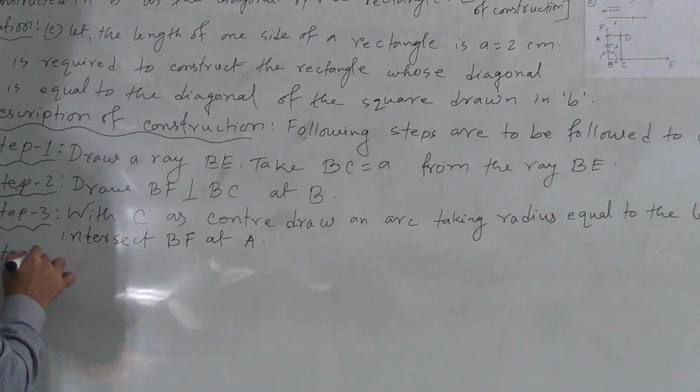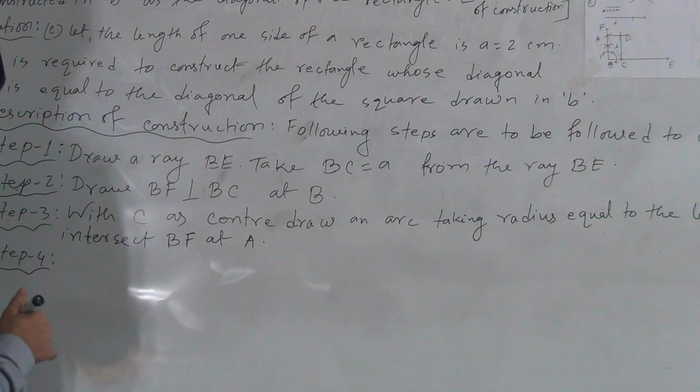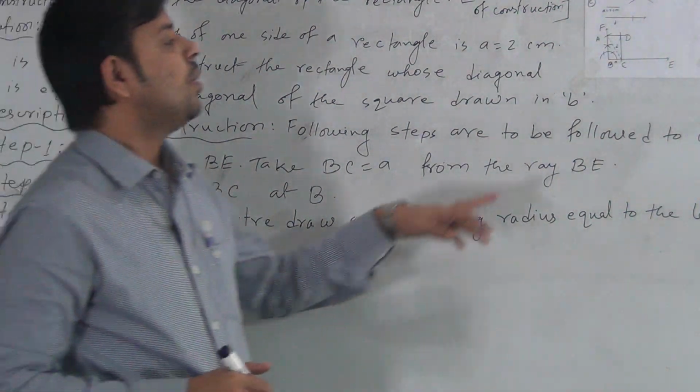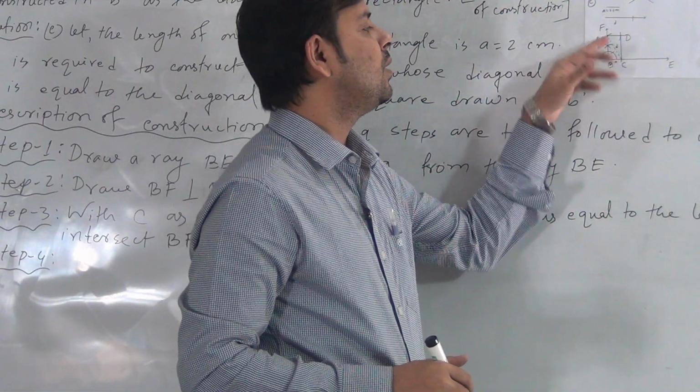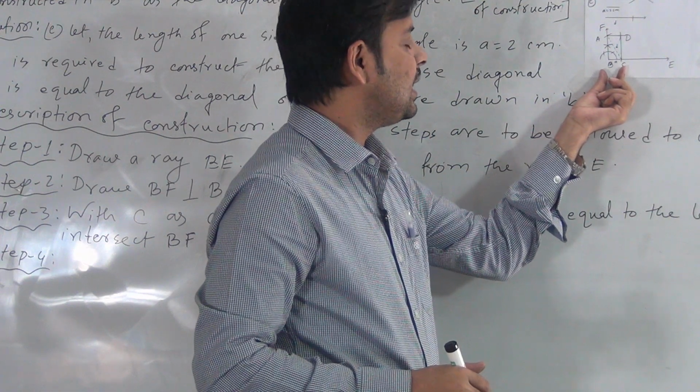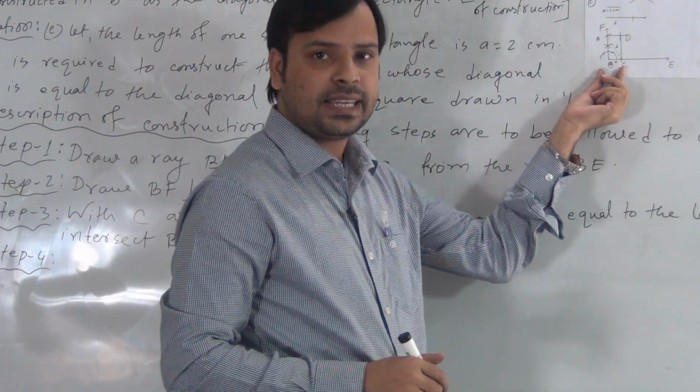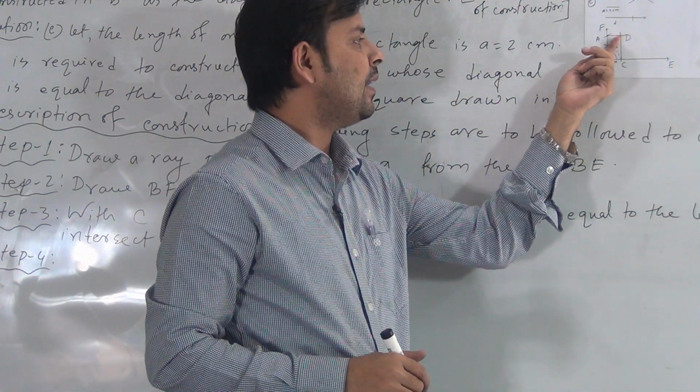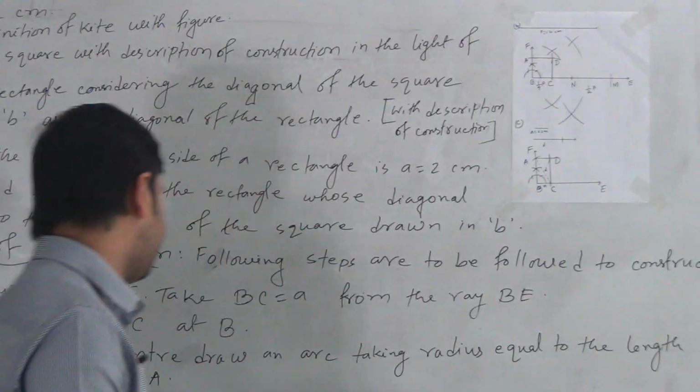Step 4. Now with A as center, taking radius equal to the length A, draw an arc in the interior of angle ABC.